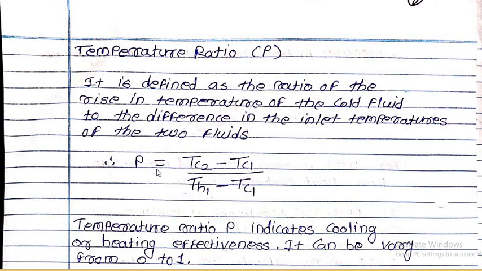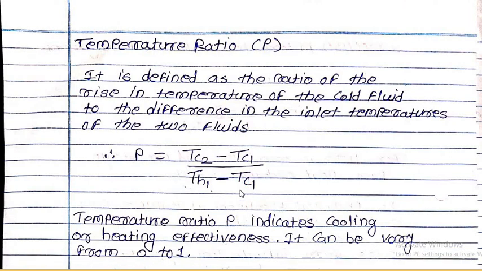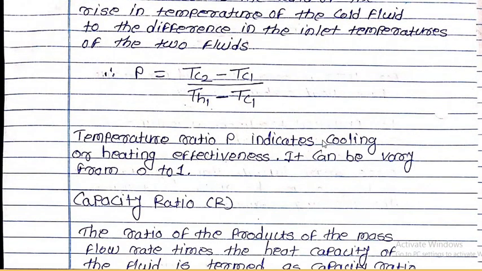So the temperature ratio is the rise in temperature of the cold fluid to the inlet temperature difference between the two fluids: P equals TC2 minus TC1 divided by TH1 minus TC1. This temperature ratio P indicates cooling or heating effectiveness. It can vary from 0 to 1.